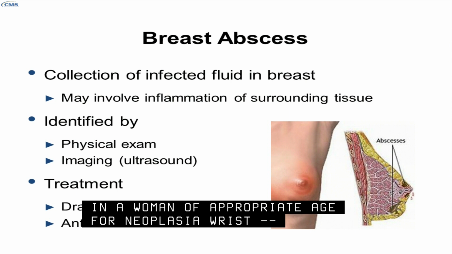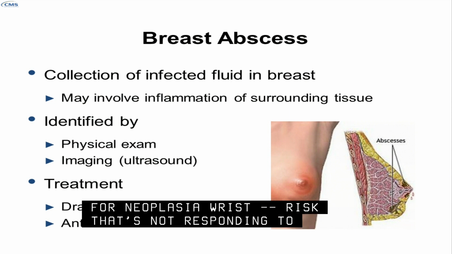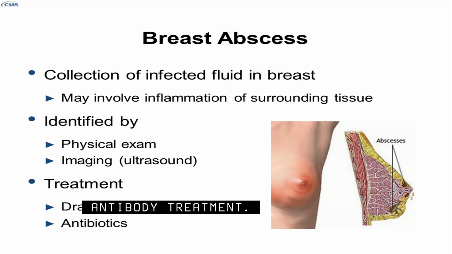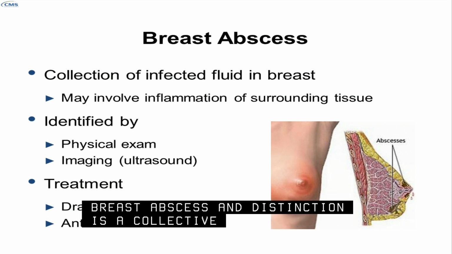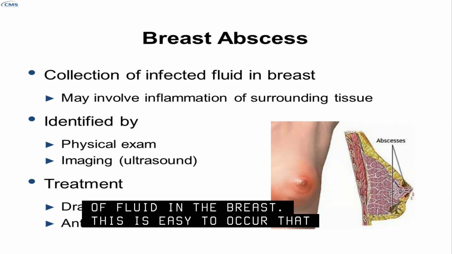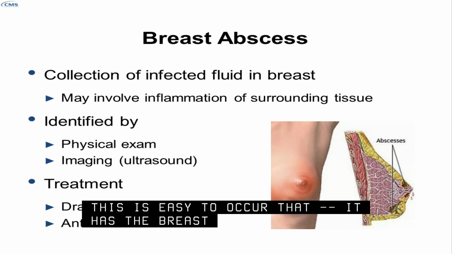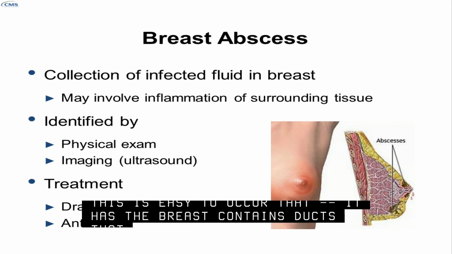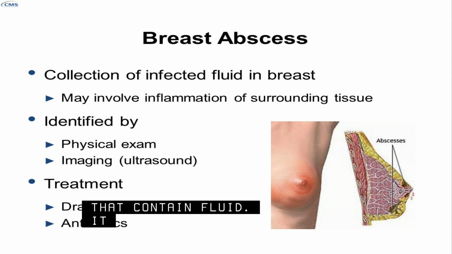Breast abscess, in distinction, is a collection of infected fluid in the breast. This is easy to occur because the breast contains ducts that, of course, fill with fluid physiologically. It's identified primarily by physical exam and using adjuncts of imaging, namely ultrasound, which is the test of choice to identify this pocket of fluid.